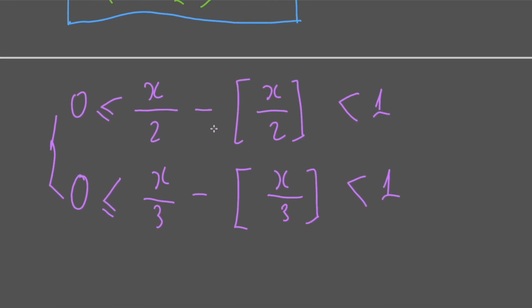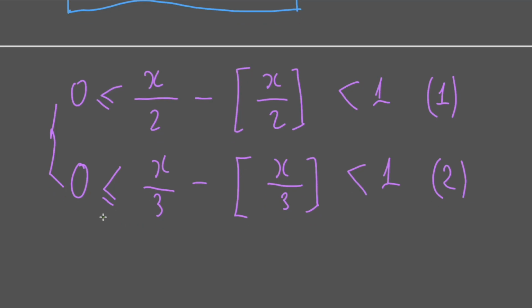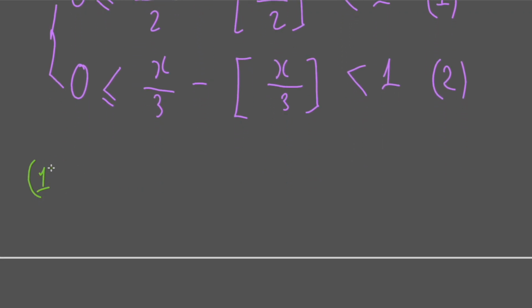Then, from now, you have 1 and 2. Obviously, from 1 and 2, if you solve independently, you cannot define the domain of x. In this case, you will combine 1 and 2 side by side.